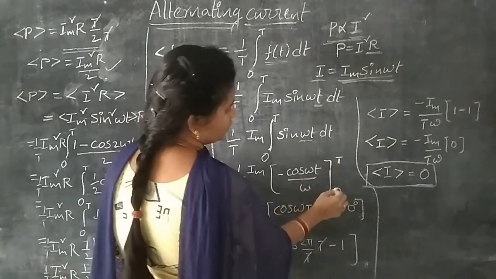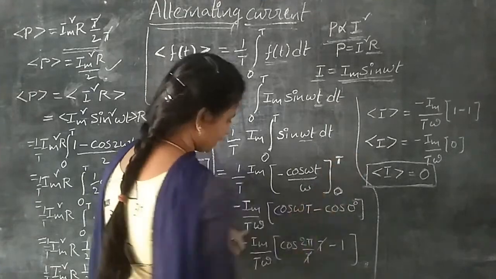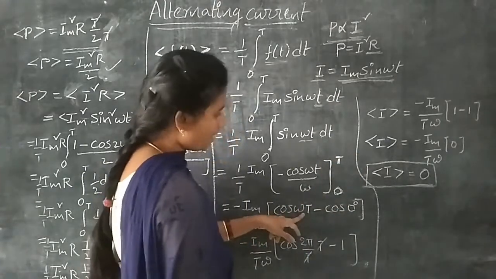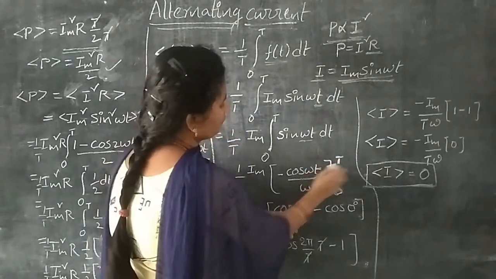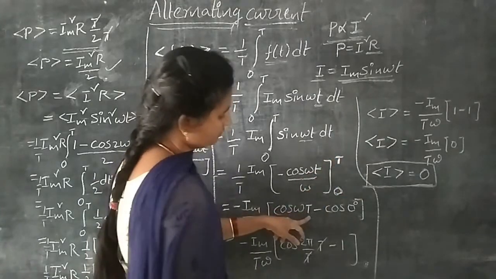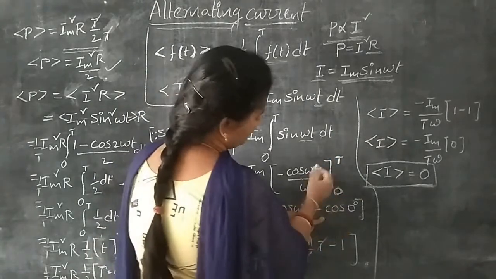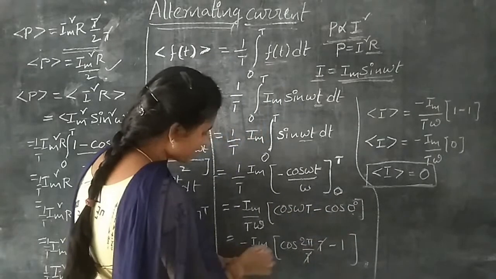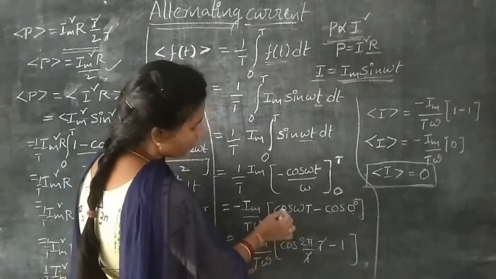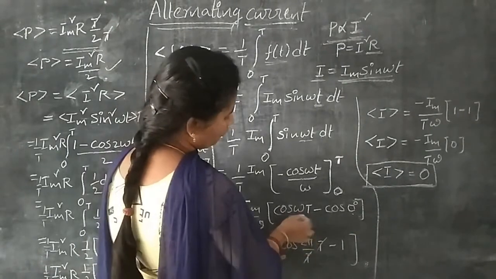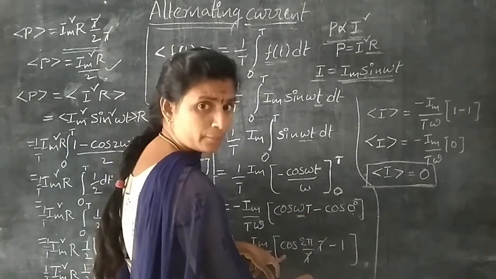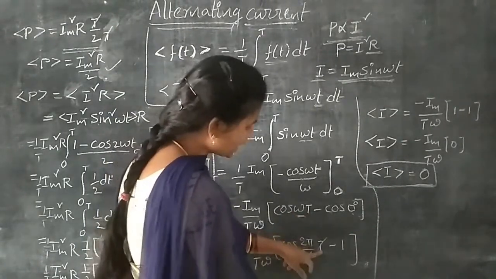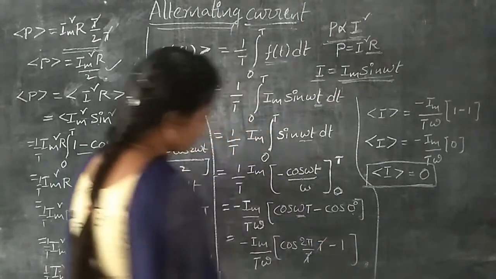limits 0 to T. So cos omega, in place of small t we have to substitute capital T. After that, in place of t put 0, that is cos 0. So minus Im by T omega, cos of 2 pi by T into T, minus cos 0, which is nothing but 1.